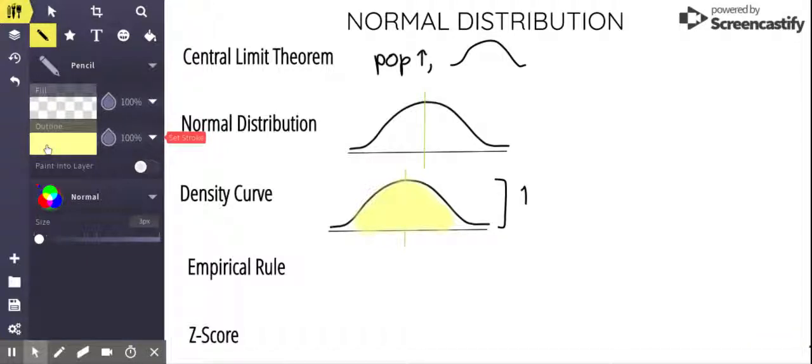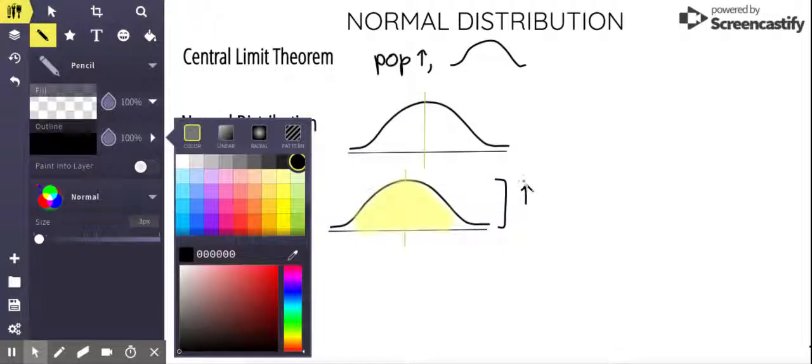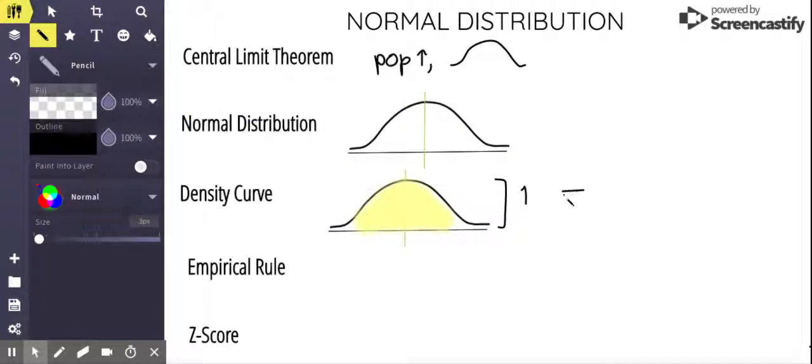And then we also see that every point has a vertical height of 0 or greater. What that's basically saying is that there are no negatives. Or you could write it as x, as in your total observations, are greater than or equal to 0.